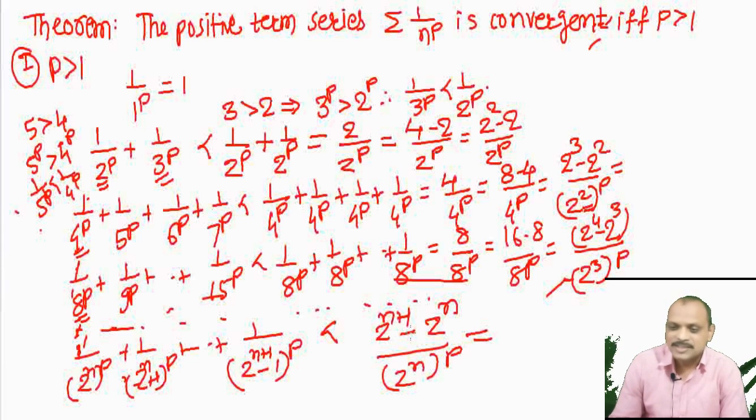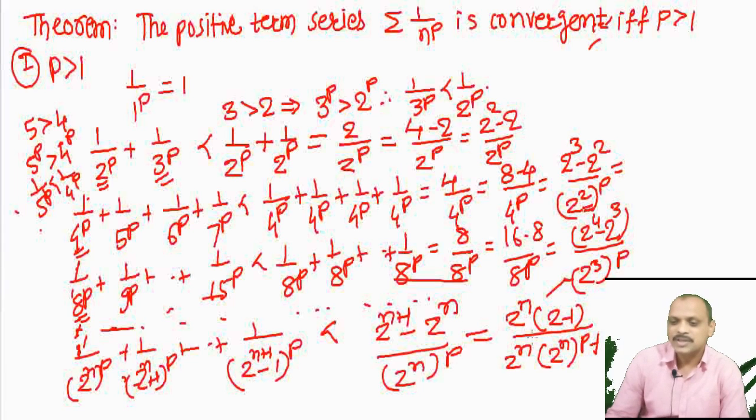And here we can see that if we take 2 raised to n common, 2 minus 1 divided by, here we can also write 2 raised to n whole raised to p minus 1. Hence 2 raised to n gets cancelled, and we get 1 divided by 2 raised to p minus 1 whole raised to n, like this. Okay.